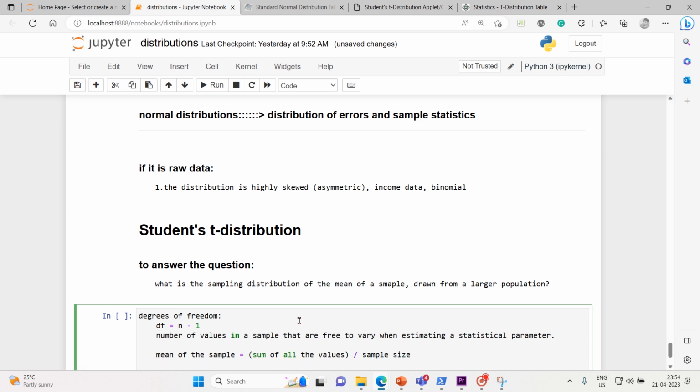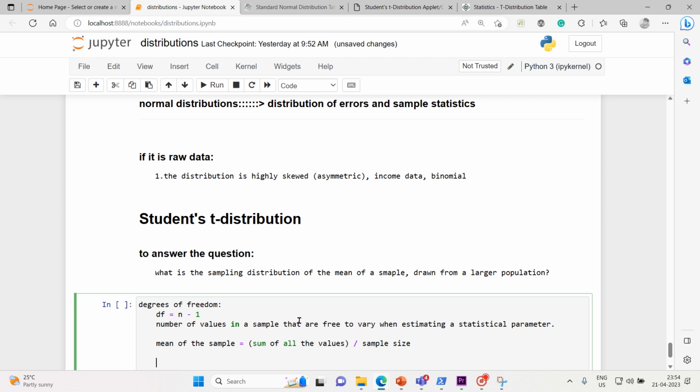So now when I want to estimate the population parameter, I'm going to use a t statistic or z statistic, whatever it may be. I will use this kind of formula: x, the value from the same sample, minus the mean of the sample, whole divided by, you know what it is.